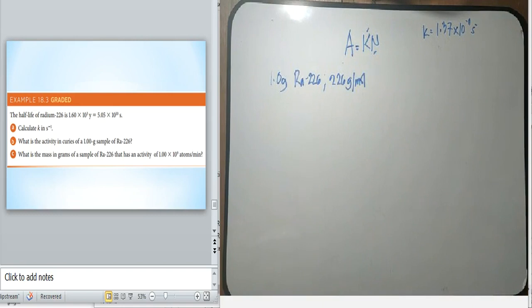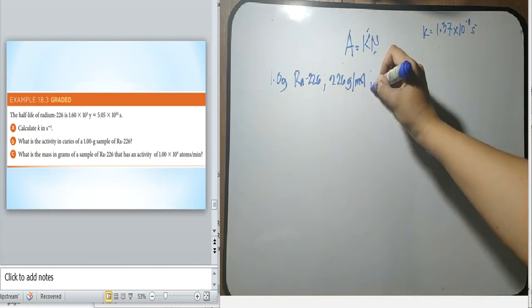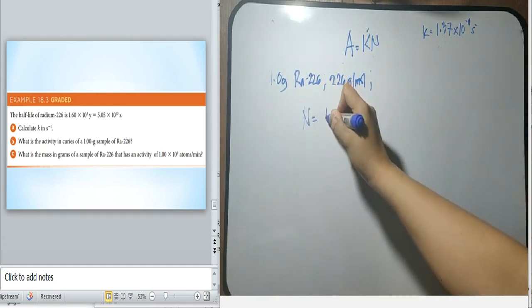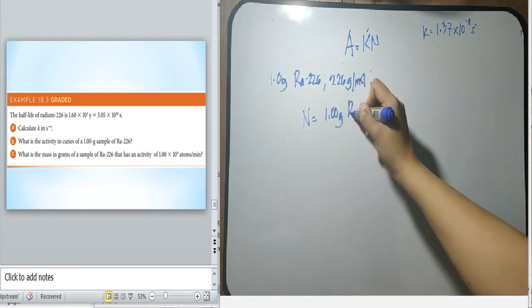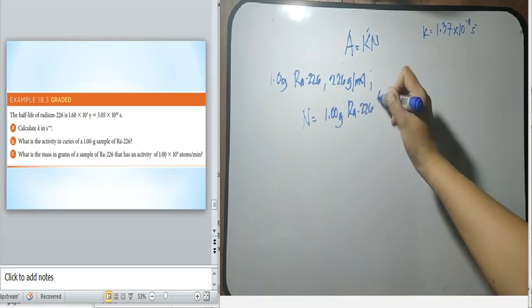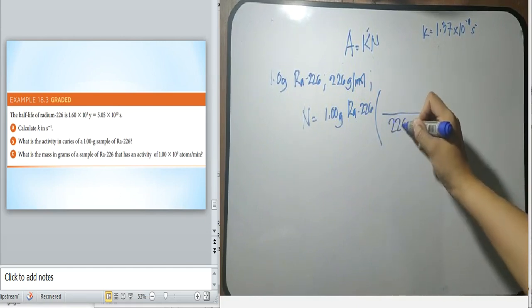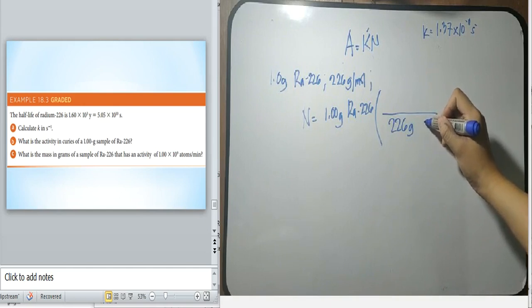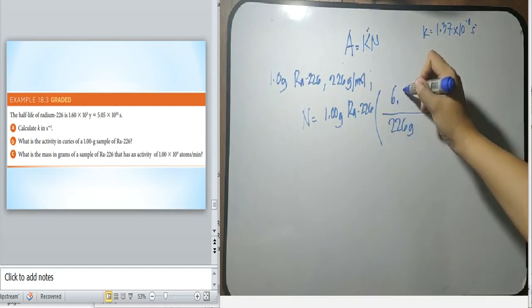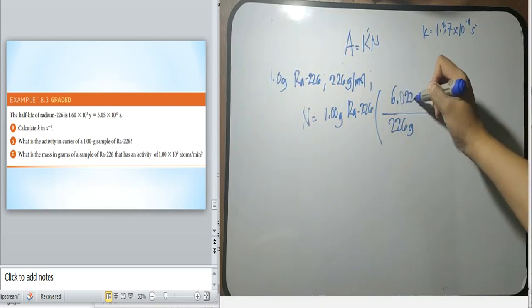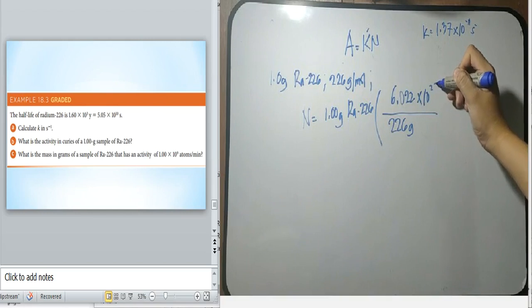So we will use Avogadro's number to get the value of N. N is equal to 1.00 grams times, and this is just a conversion, in 1 mole there are 6.022 times 10 raised to 23 atoms.